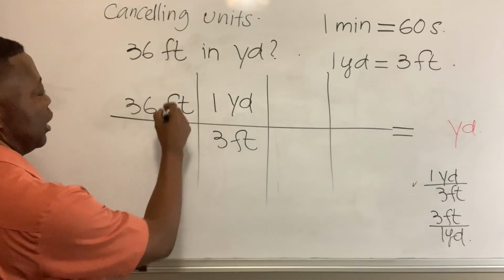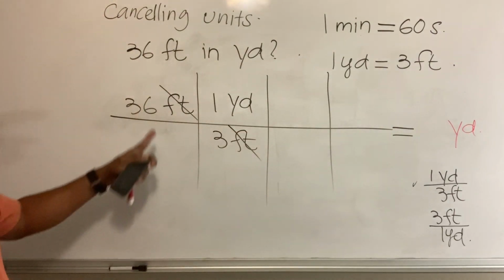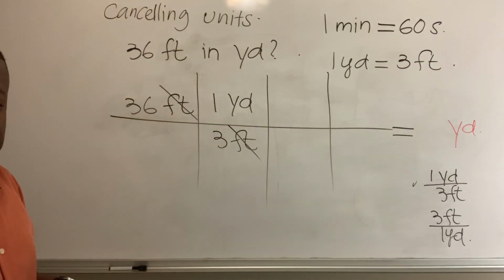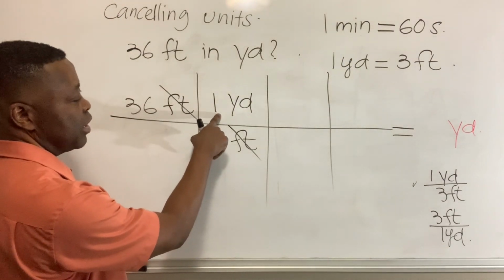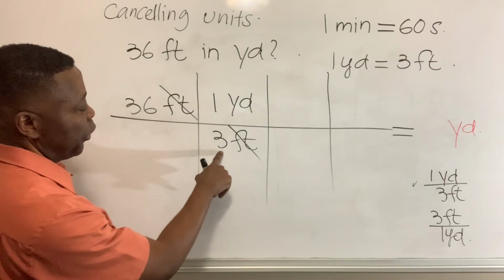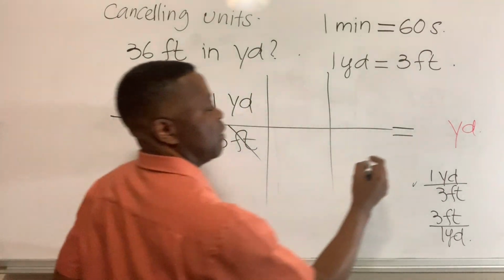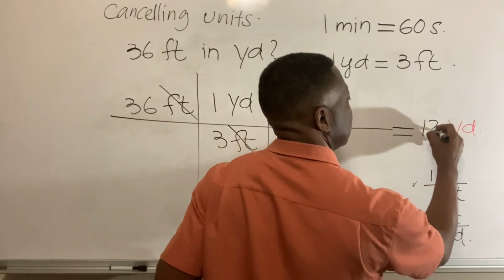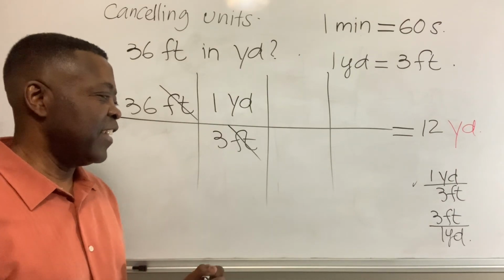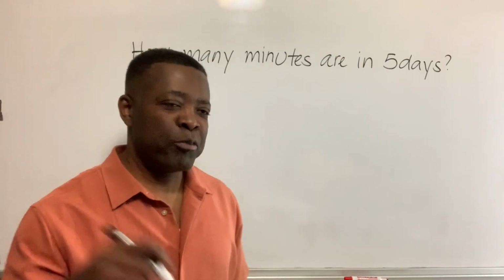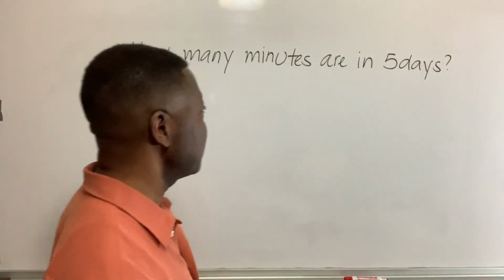No. Feet shows up on top and at the bottom, so feet is cancelled. My answer will be 36 times 1 is 36, over 3 is 12, and the unit is yards. My answer is 12 yards. All right, last problem before we delve into the real Med Calc.